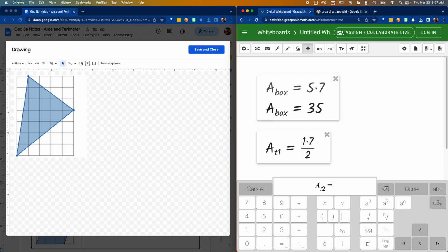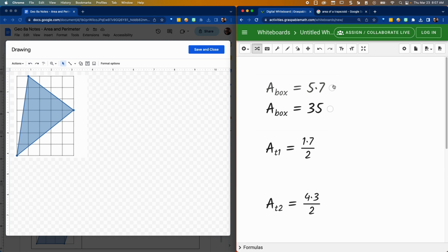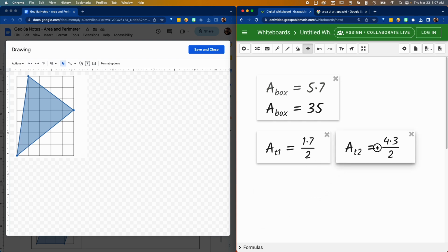An underscore in typing, especially with math, will do a subscript where it goes lower for labeling. Okay, this other one we said was 4 by 3, and it's a triangle, so we also divide by 2. So I'm going to do 4 times 3, but also divided by 2. And I'll put that one here.